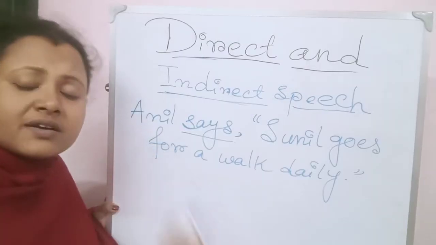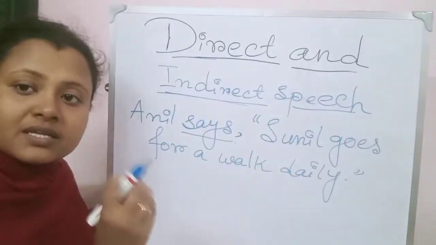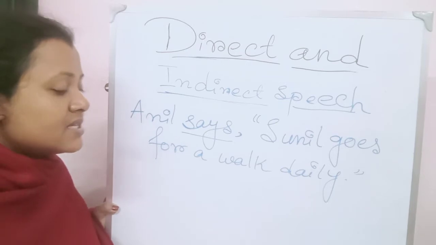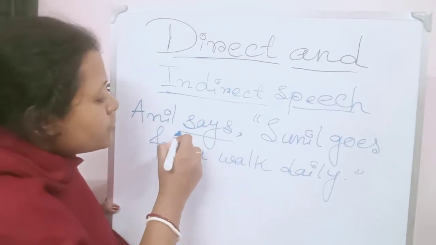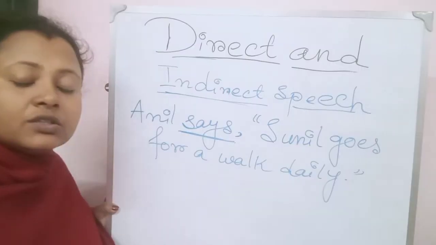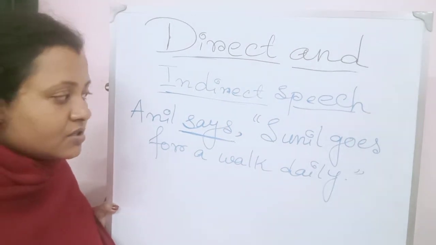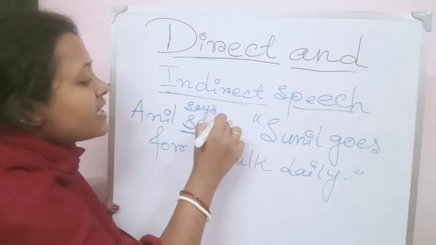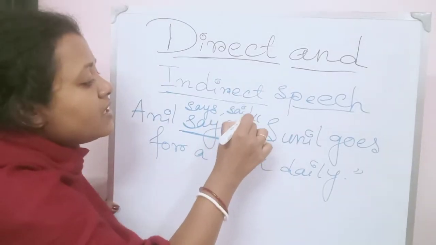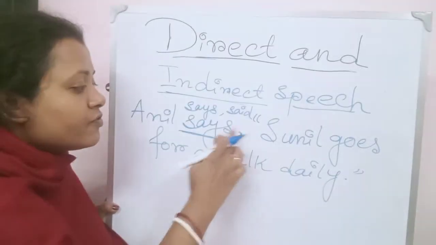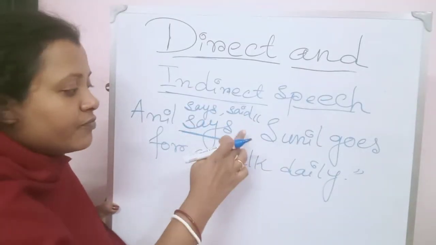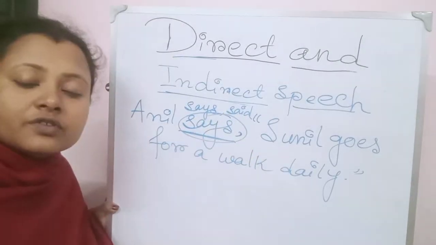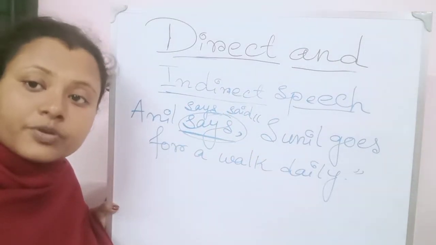When the speaker is saying something, the words are given like says, like said. In this way many words will be given just before the inverted comma. These words are reporting verbs.